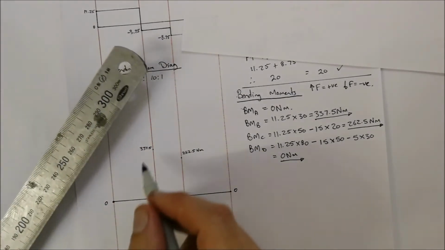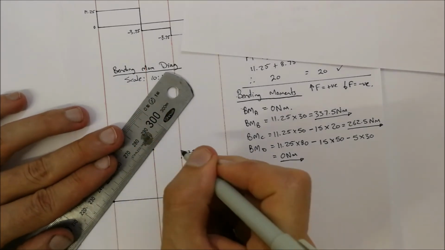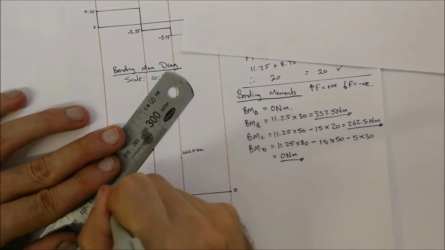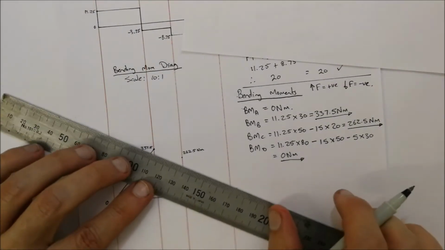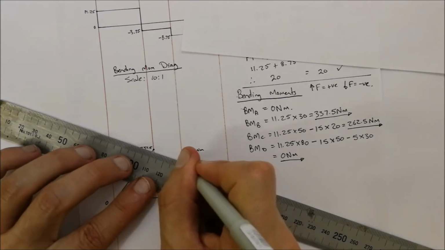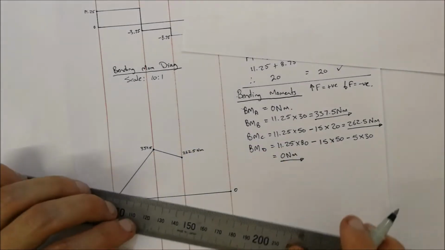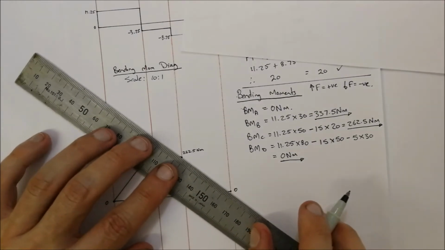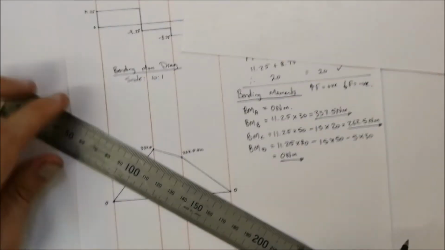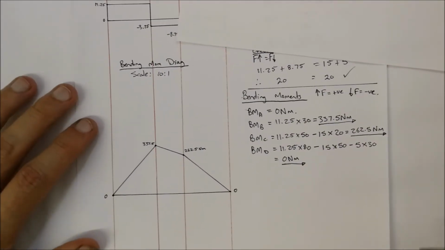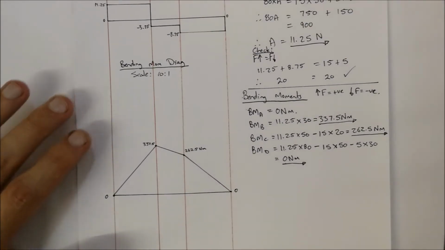So from this 0, it goes to 337.5, and from 337.5, it goes to 262.5. Okay, so we've got that dot over there, and then from there, it goes to 0. Right, and so that is our bending moment diagram for this specific problem.